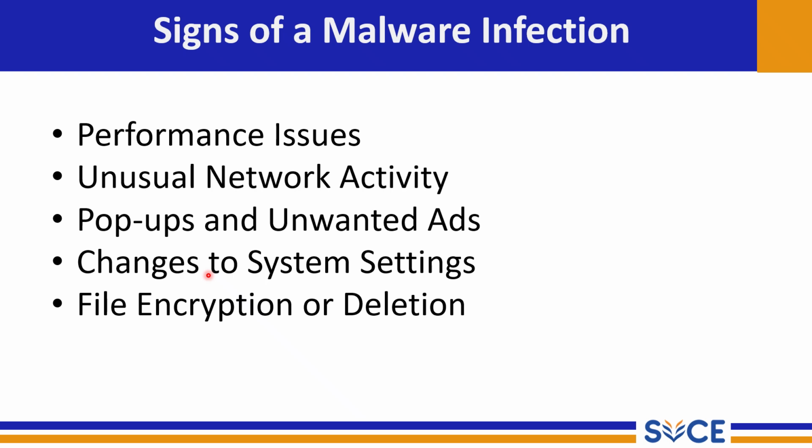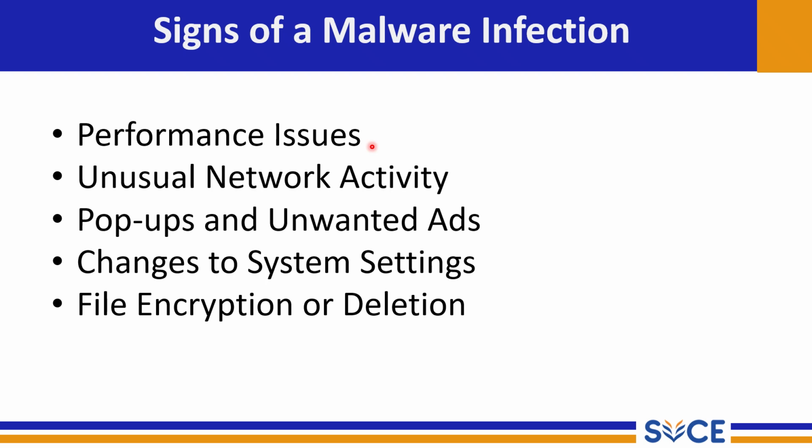First of all is performance issues. A noticeable slowdown in your computer's performance, including sluggish boot up times or slow application launches, and high CPU or memory usage can be a major indicator. Malware, especially crypto miners or botnet clients, can consume significant system resources.